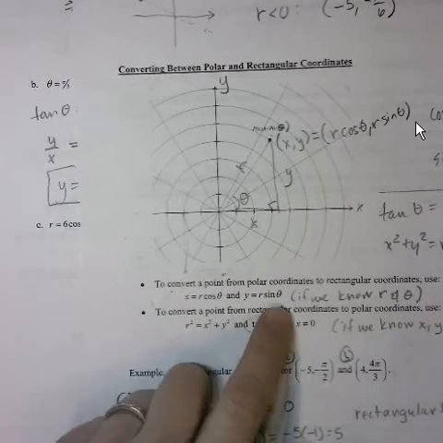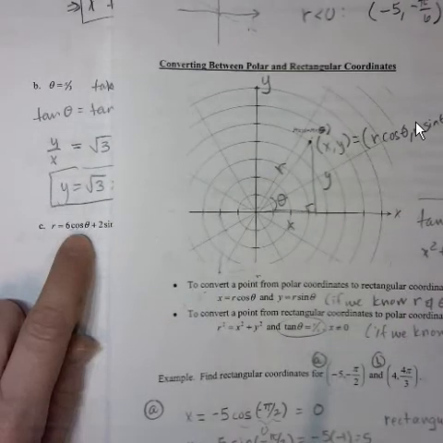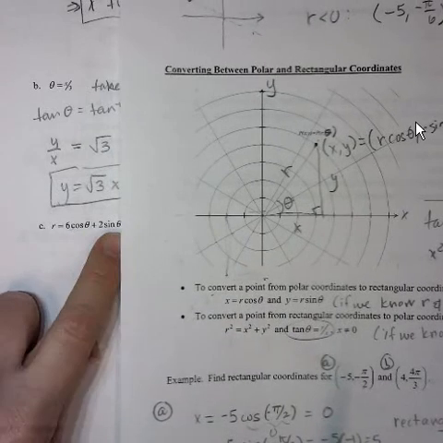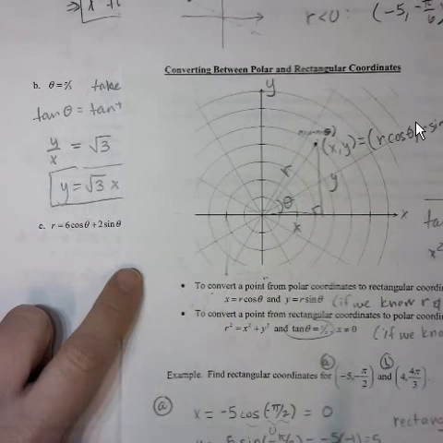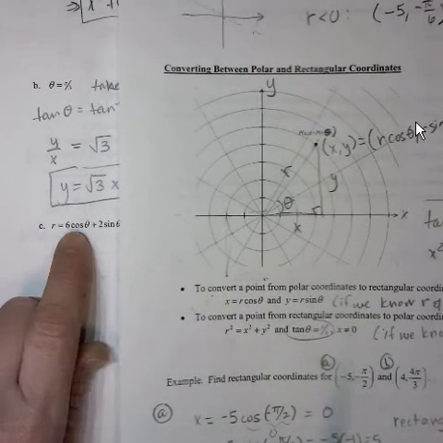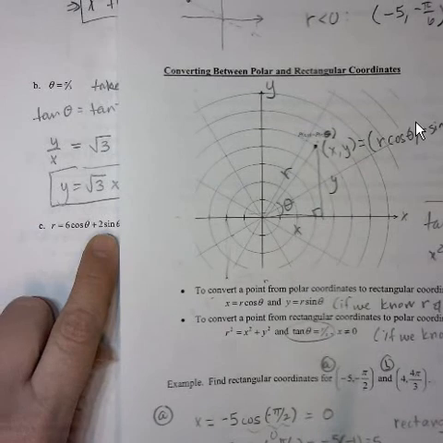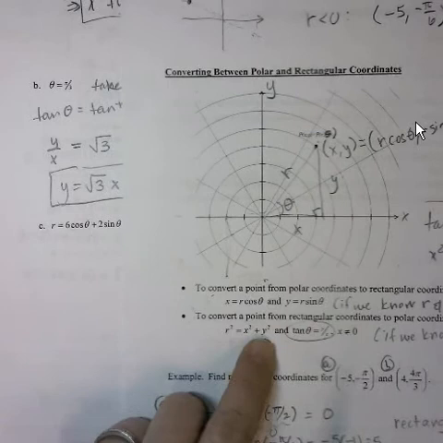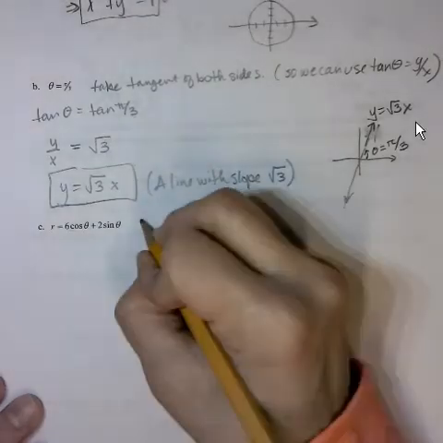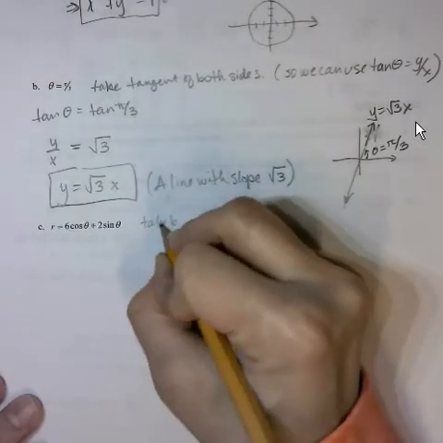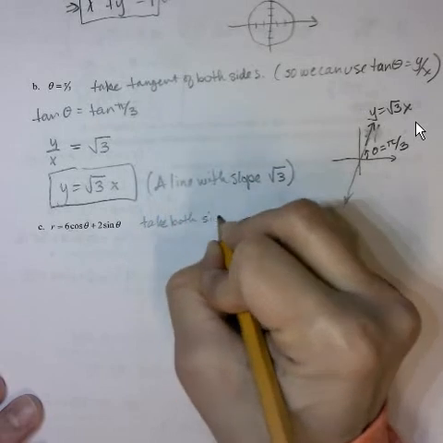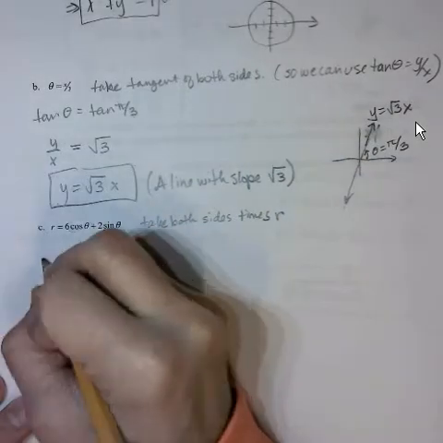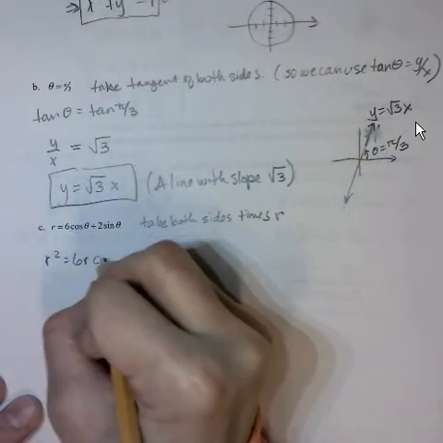So notice there's no r here and no r here, but I can introduce an r by taking both sides times r, and when I do that I'll get r cosine theta here, r sine theta here, and this r squared, well, we can use this equation then. So take both sides times r. So we get r squared equals 6r cosine theta plus 2r sine theta.